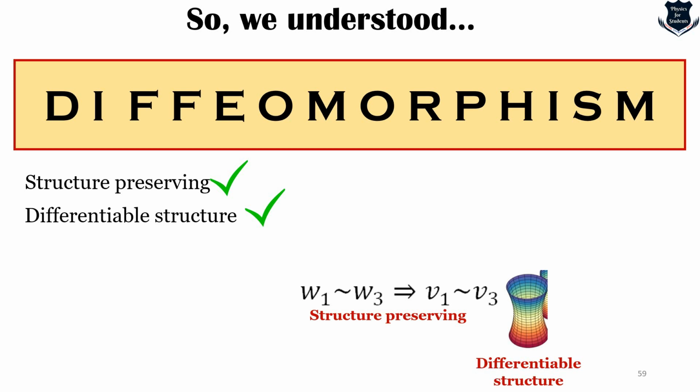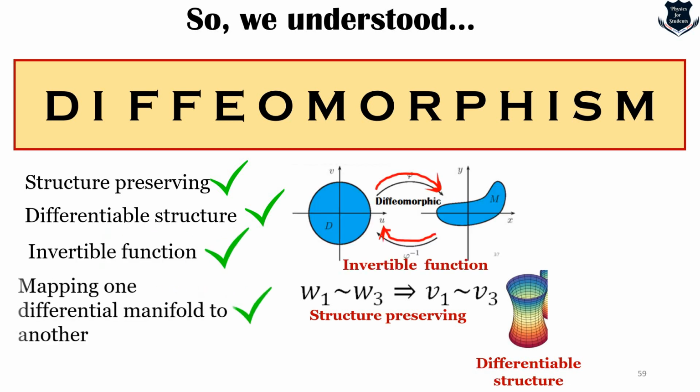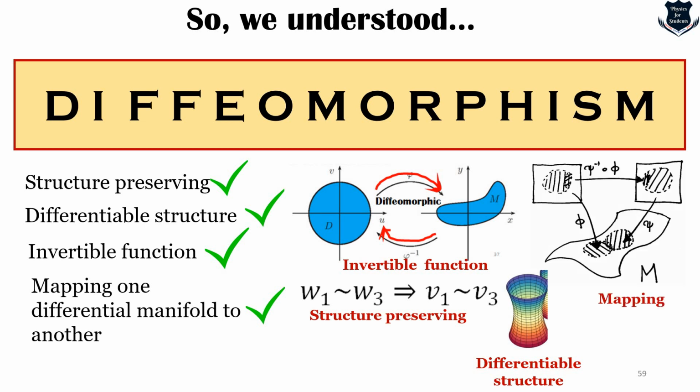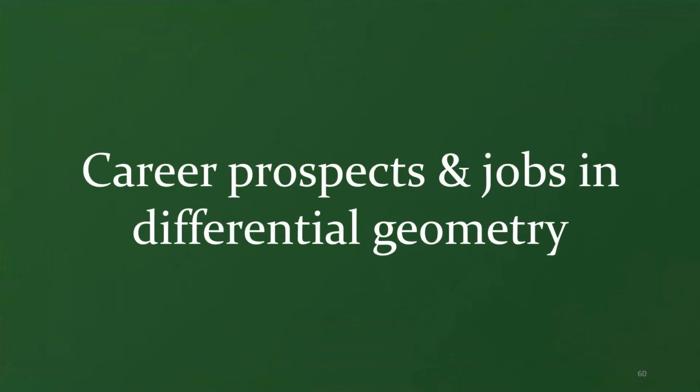It is a differentiable structure also. It is an invertible function, as we have seen, mapping one differentiable manifold to another, using this kind of chart. That completes the understanding of diffeomorphism, and now it is time that we go deep into the industry and find out what the career prospects are.